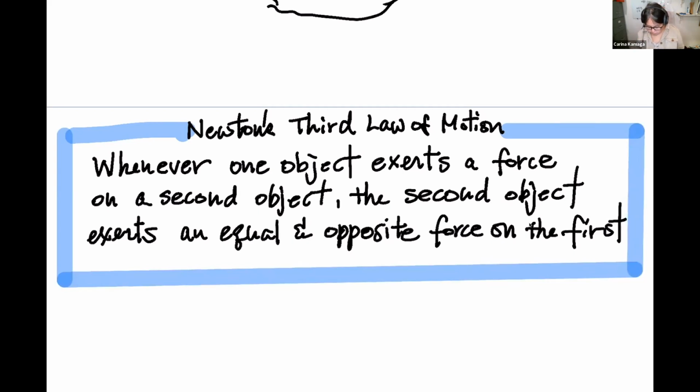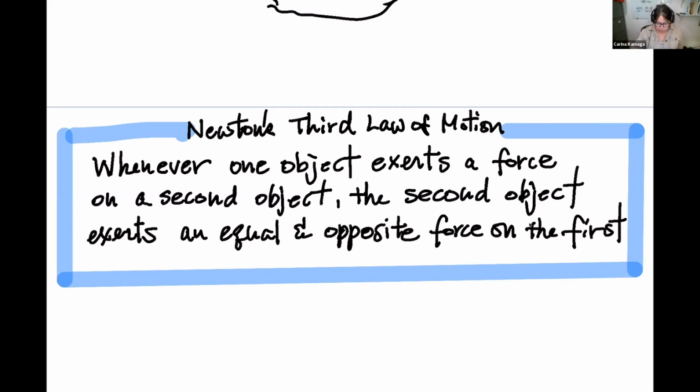So Newton's third law of motion says whenever one object exerts a force on a second object, then the second object always exerts the same magnitude in the opposite direction onto the first one.